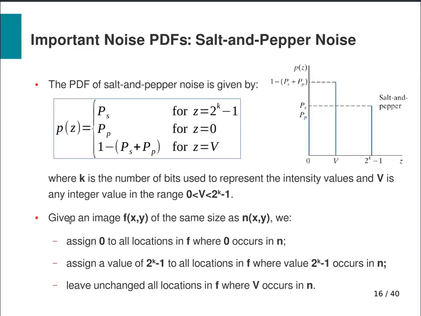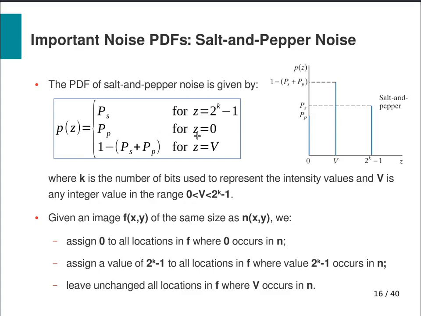As I said, the PDF for salt and pepper noise is a bit different. So the PDF of salt and pepper noise is given by this function. P of z equals P_s for intensity values equal to 2 to the k minus 1. If you remember, k was the number of bits that you used to represent the intensity values. So for values of intensity being equal to 2 to the k minus 1, or the maximum possible intensity, we have the probability of salt noise to be P_s.